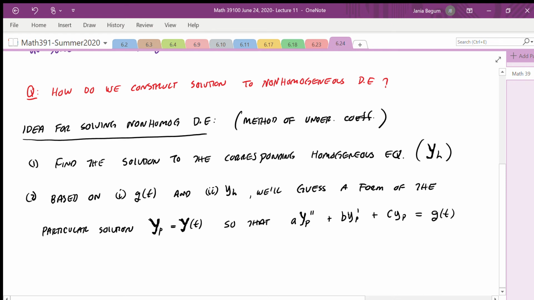And that will allow you to solve for your undetermined coefficients. That's where the name of the method comes from.